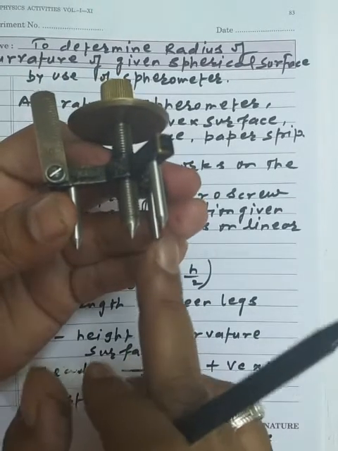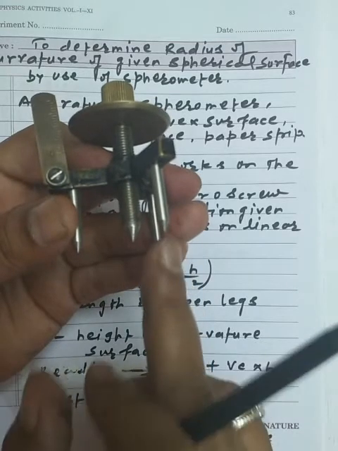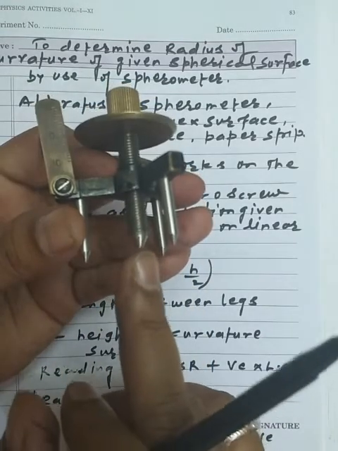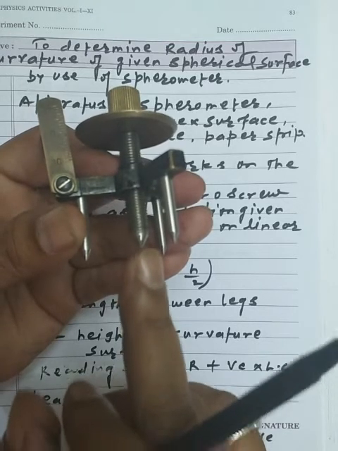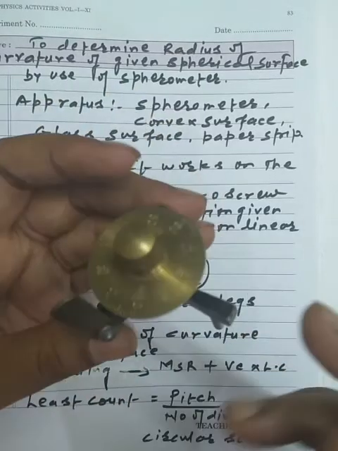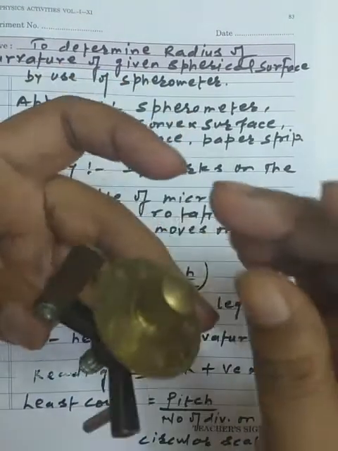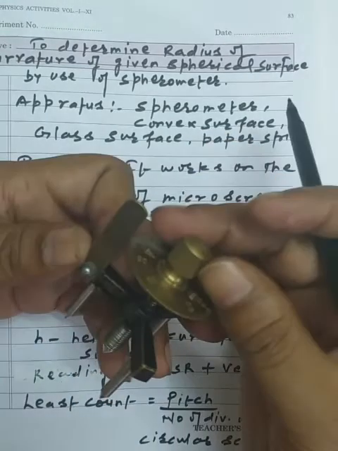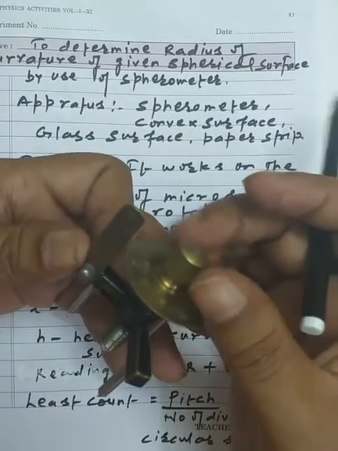We find the distance between the legs by pressing them on the paper. This circular screw has a lower part, which is also a pin point. The pitch is the linear distance covered on the main scale when we give rotation to the screw.